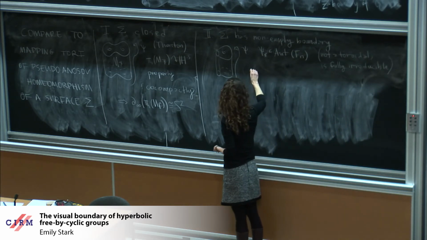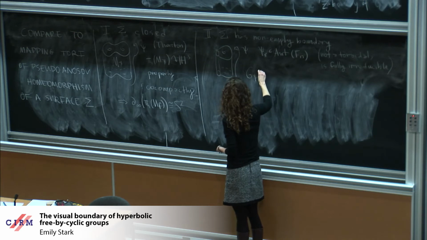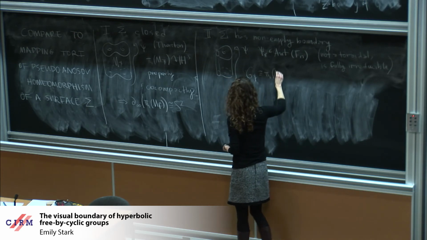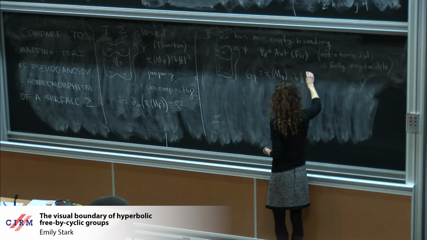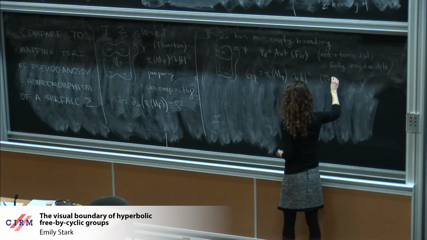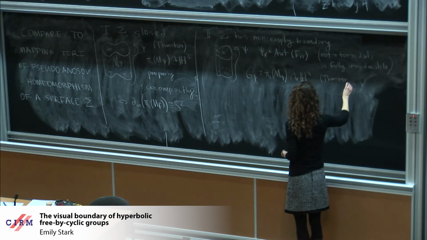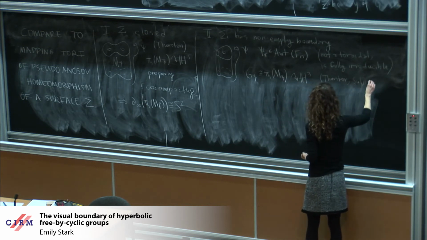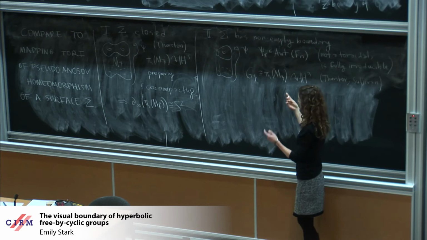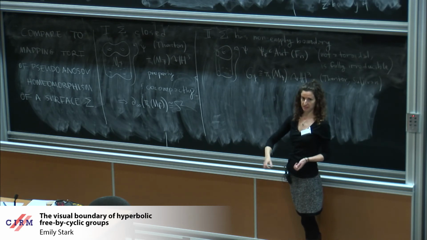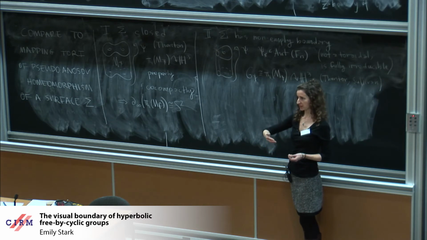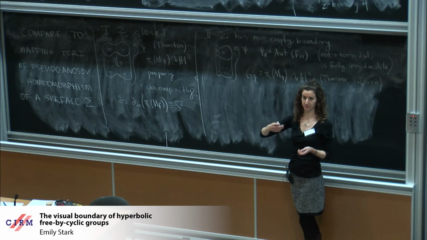So this free-by-cyclic group, G(C), which is the fundamental group of this three-manifold, still acts on hyperbolic 3-space, again by work of Thurston and Sullivan. But now the quotient will be some finite volume three-manifold with torus cusps. You can truncate along the torus cusps and take the universal cover to get a CAT(0) space with isolated flats.